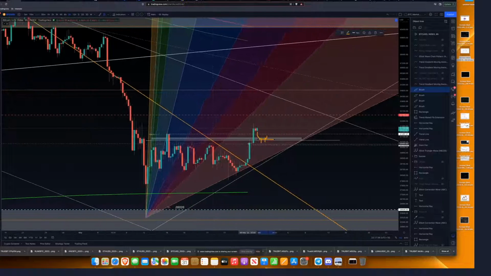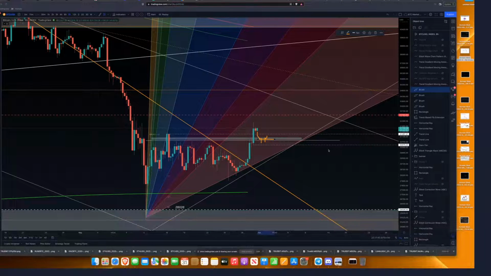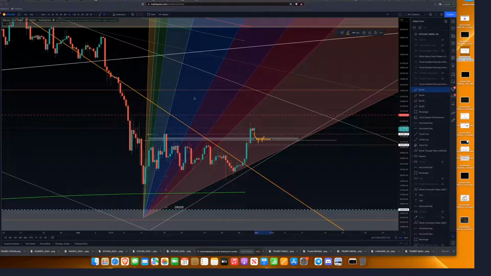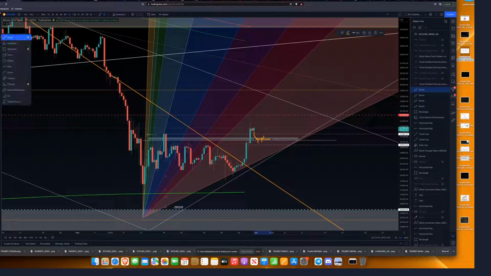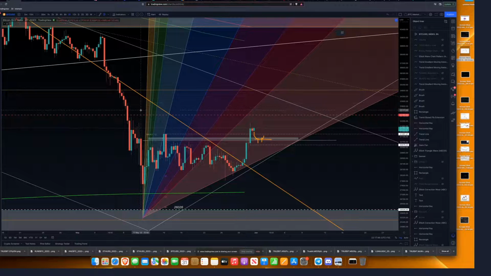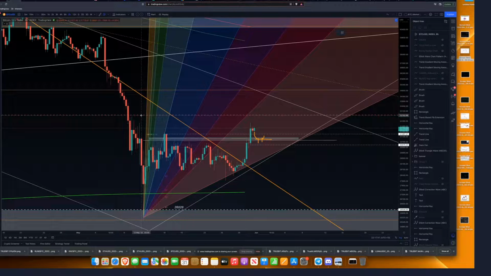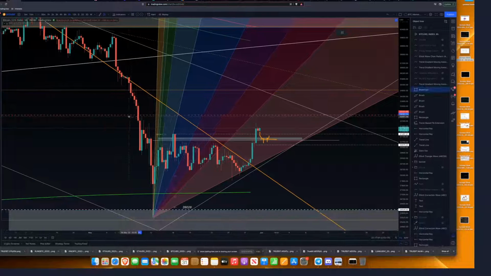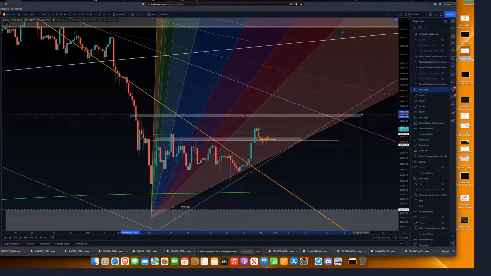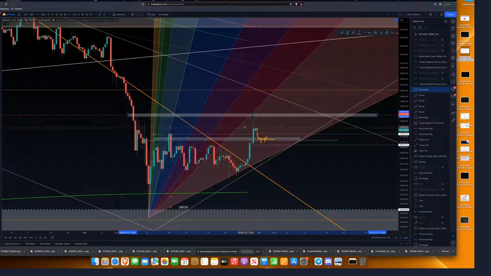Then we have this level here. That red line, that's the next level of resistance.